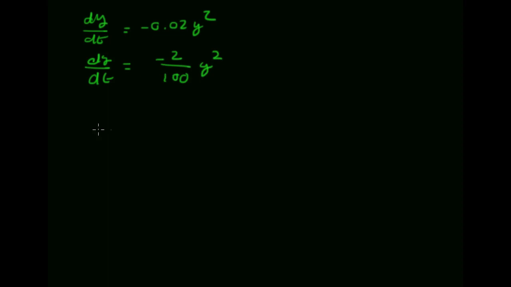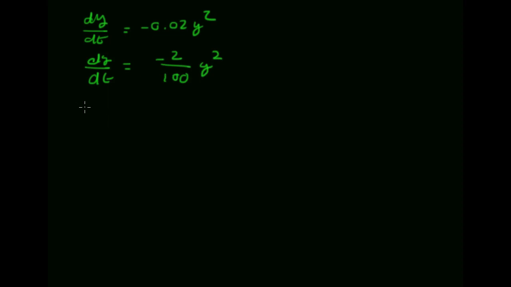All right, so part C of the problem says find an expression y equals f of t by solving this with the initial condition that at t is 0, y is 10, right? So we're actually going to try to solve the differential equation. dy/dt is equal to negative 0.02 y squared, right? So this is the same as saying dy/dt is negative 2 over 100 y squared.